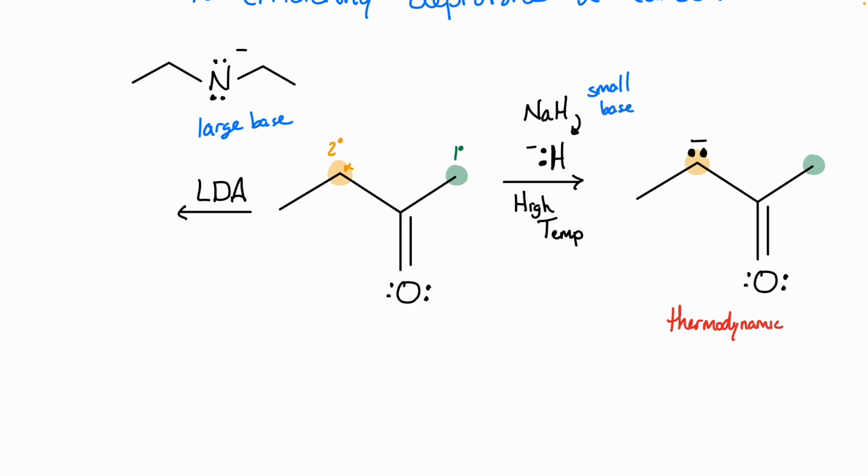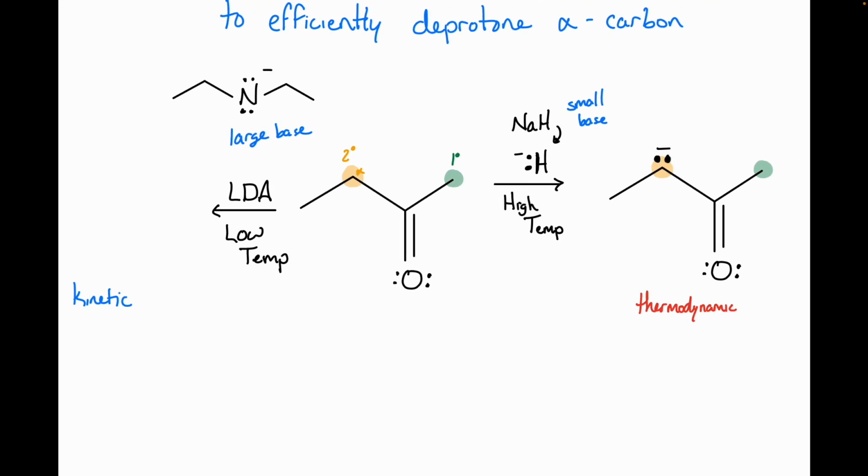Again, we make this even more drastic by carrying this out at low temperatures. And so instead, what's going to be preferred is the kinetic product. Since LDA is so large, it can't access that more crowded secondary carbon. So instead, with this base, we're going to end up deprotonating that primary carbon.